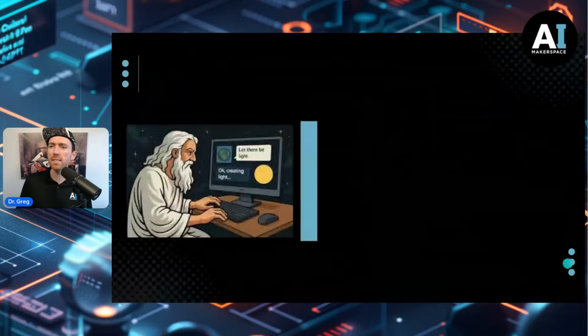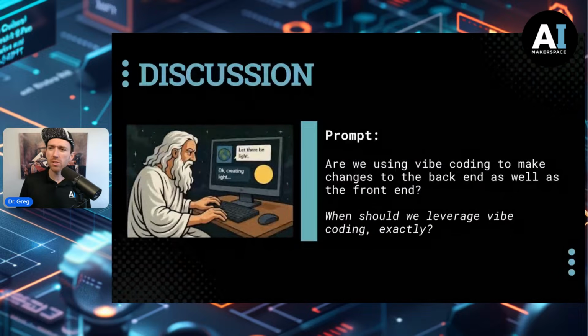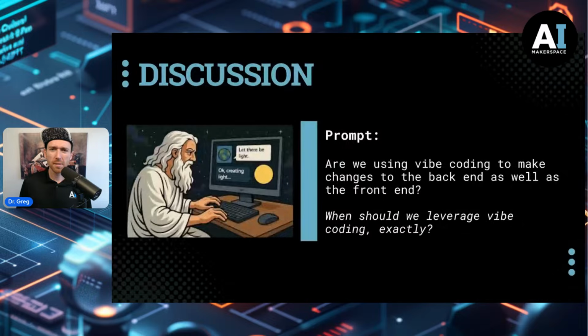So before we get into today's demo, Wiz, I want to discuss an important point that we keep talking about, and we keep trying to figure out the right way to provide guidance on.